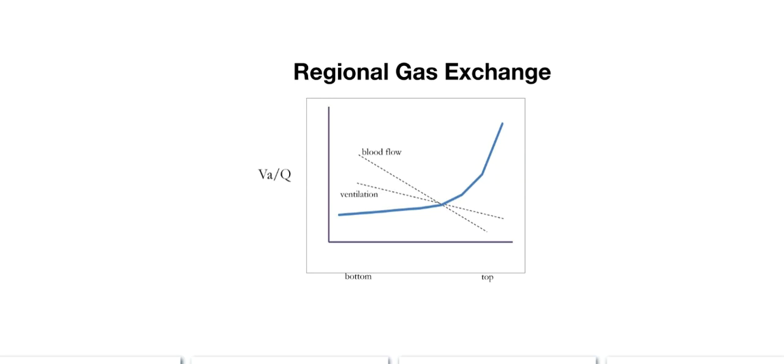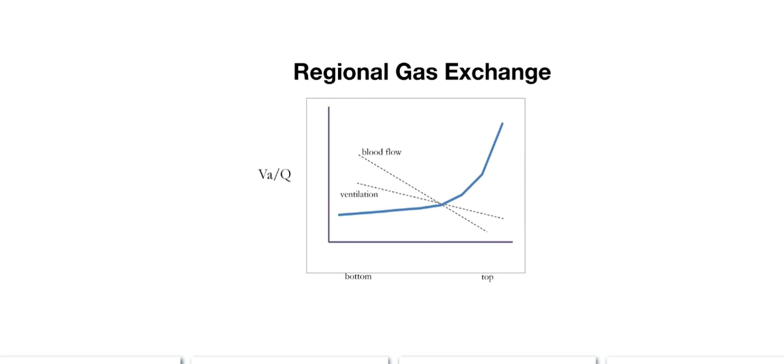So the blue line is actually showing the ratio of ventilation to perfusion. So at the base of your lung, you have a relatively low VQ ratio. Why is it low? Which one of those parameters is higher? Which one? Q, the blood flow, right? So if the denominator is bigger, then the whole ratio is going to be lower.